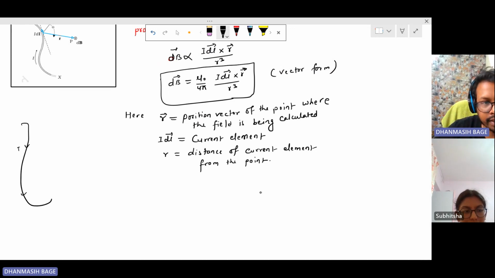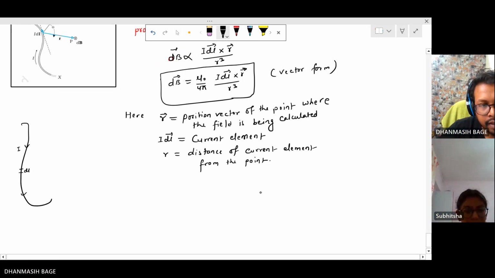You will just cut out a small section of it, dl, right? Since the current is flowing in this direction, this is a dl vector. I dl vector, sorry. This is called I dl vector. This is called current element, right?